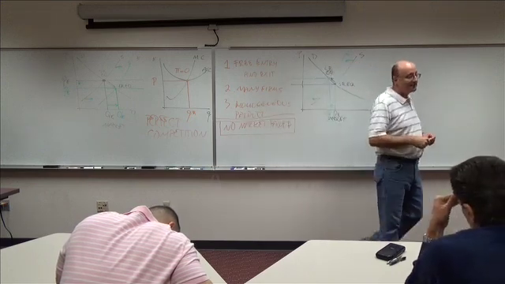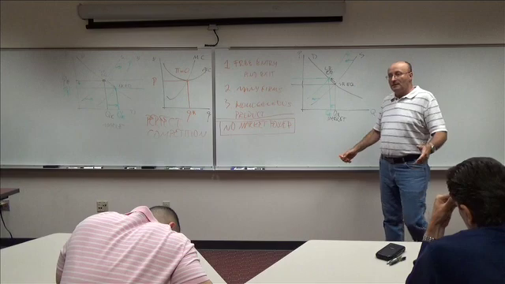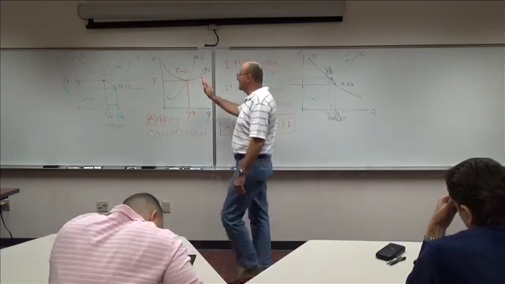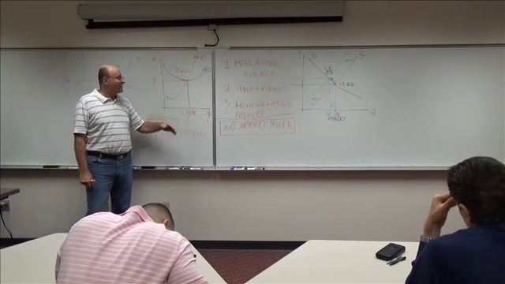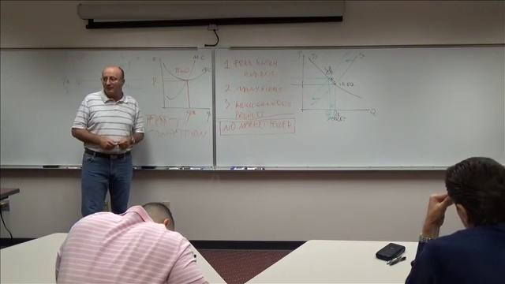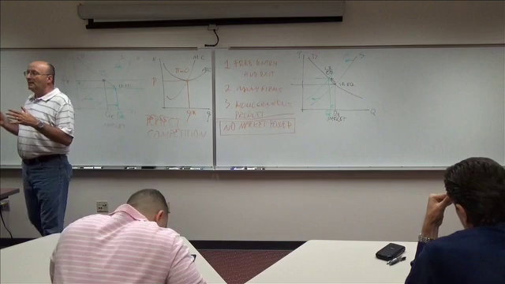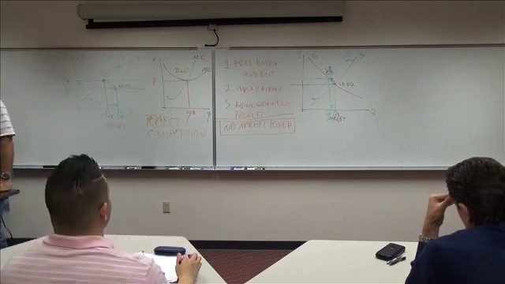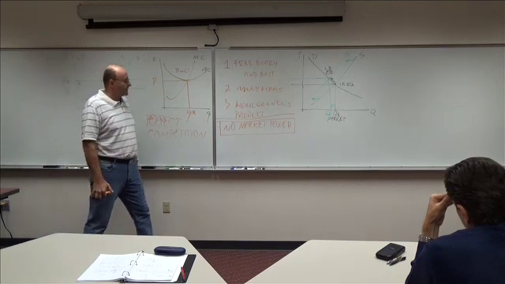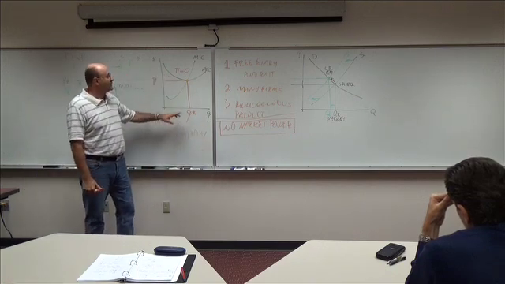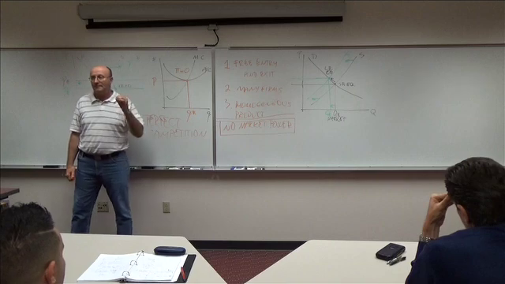Does that make sense? Then the industry ends up in a long-run equilibrium where firms make zero economic profit and produce efficiently. In other words, what is the source of efficiency? No market power. Perfect competition in long-run equilibrium.